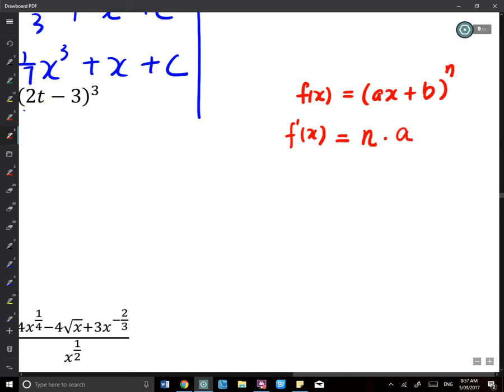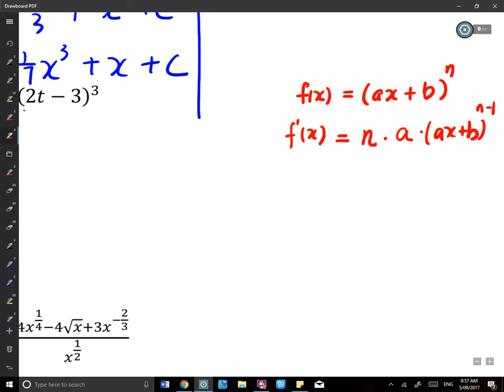You need to diff the inside function again. And then you have ax plus b to the power of n minus 1. You times the power in front, you reduce the power by 1, but besides that, you need the extra component, which is the gradient a inside.